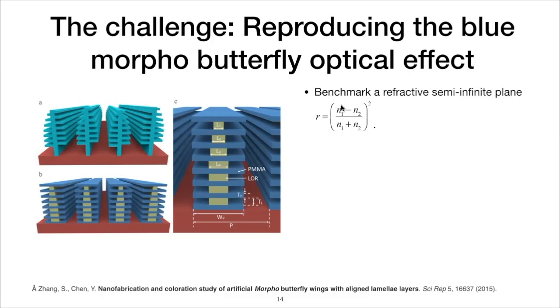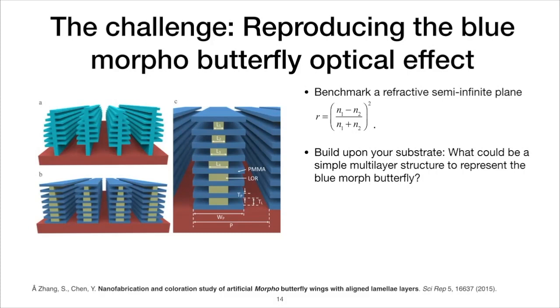After we benchmark this problem and get the solution for a refractive semi-infinite plane, we can go further and build upon the substrate. We can build a simple multi-layer structure like this, that looks like this in this paper, to mimic the effect of the blue morpho butterfly. So we will make a structure that is similar to the tree, but with some minor modification, dropping the change over the space when you go up, just making a multi-layer structure with a support with the same length in between.